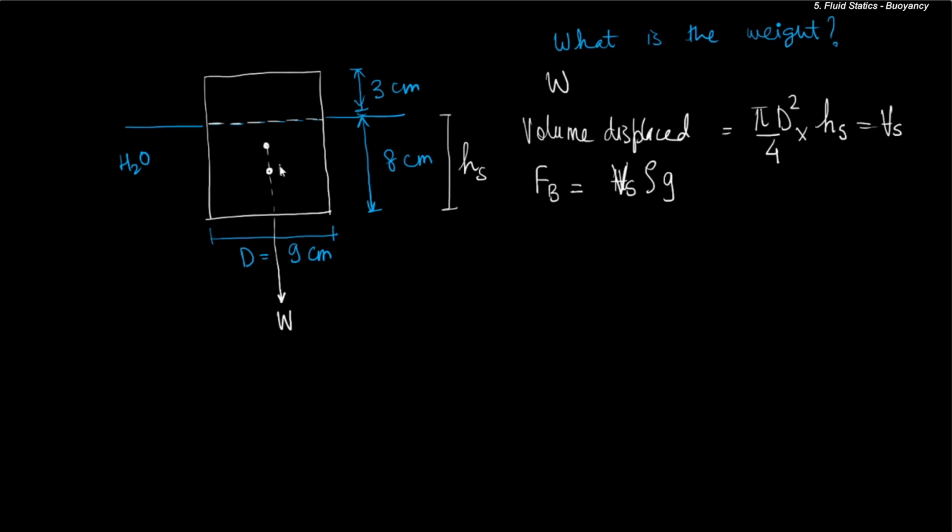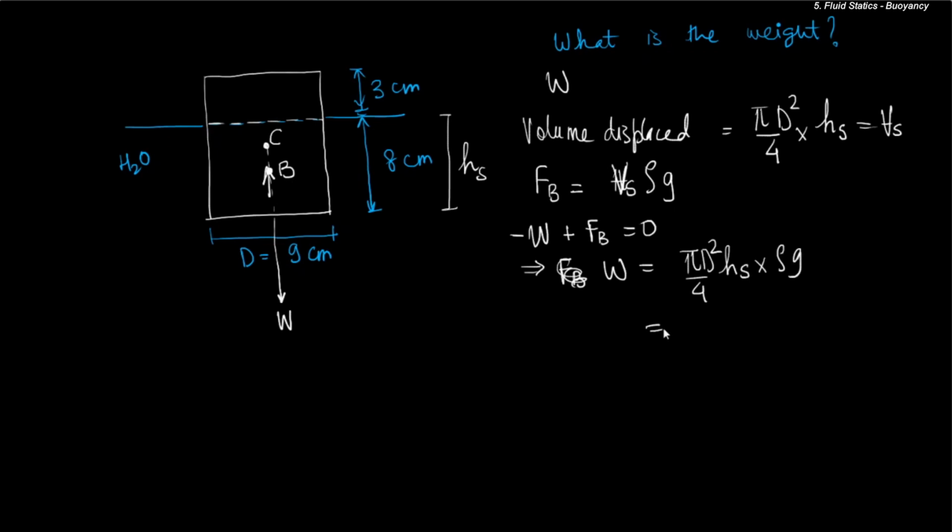So this is the point of buoyancy, the center of buoyancy B, and this is the centroid C. So the force due to buoyancy is this, and at static equilibrium, W minus W plus Fb is going to be 0, which implies Fb, or rather W, is equal to pi d square by 4 into Hs times rho g. So let us pull out our calculators and crunch in the numbers.